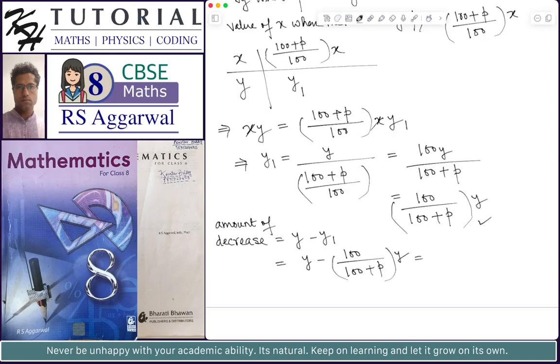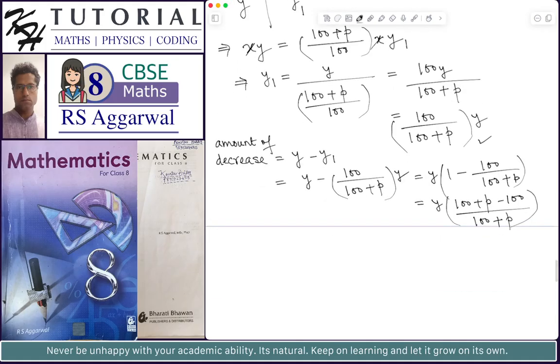If you take y common, we get 1 minus 100 by 100 plus p. This after simplification will be 100 plus p minus 100 divided by 100 plus p.